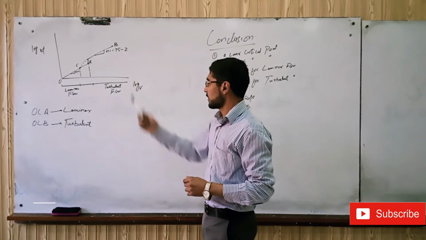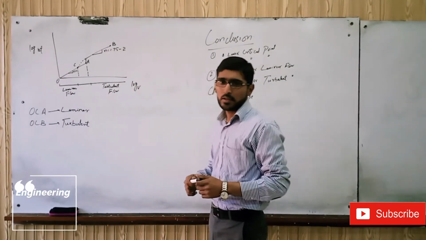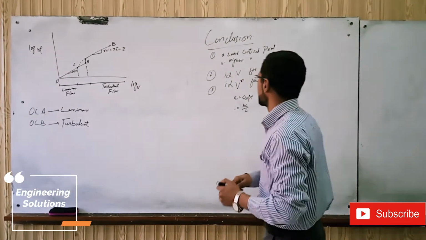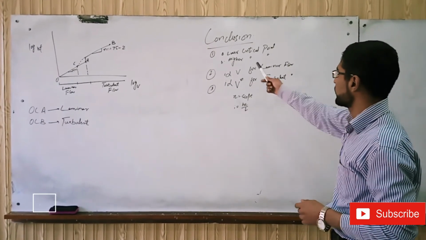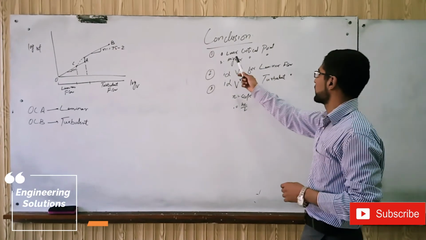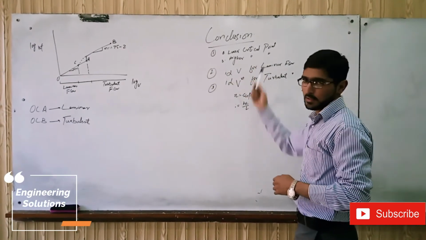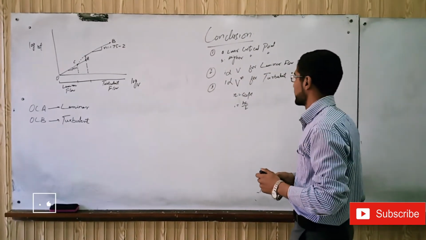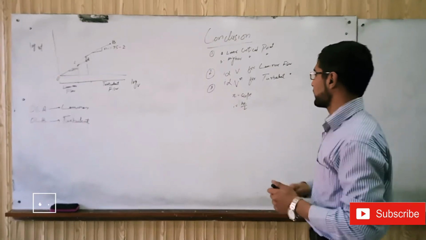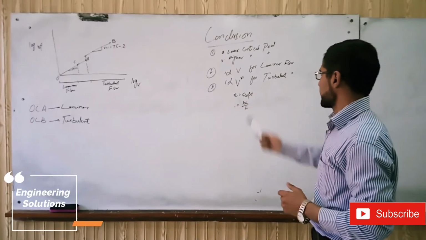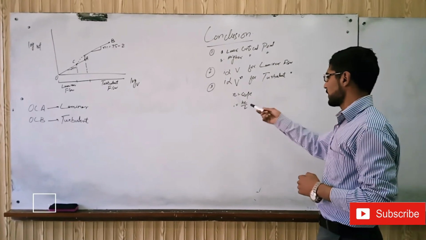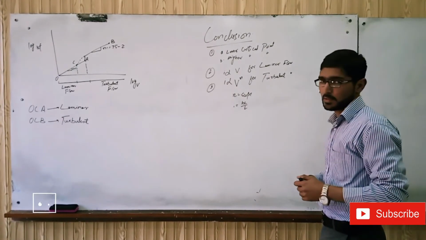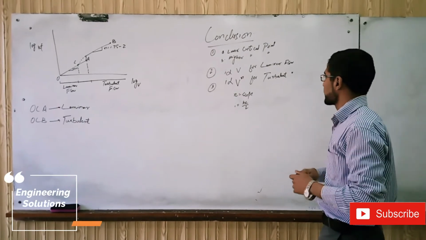From this graph or Reynolds experiment, we can conclude that we get two points: one is the lower critical point and the other is the higher critical point. Further, from this graph we can understand the relationship between i and V, where i is the ratio of head loss over total length.